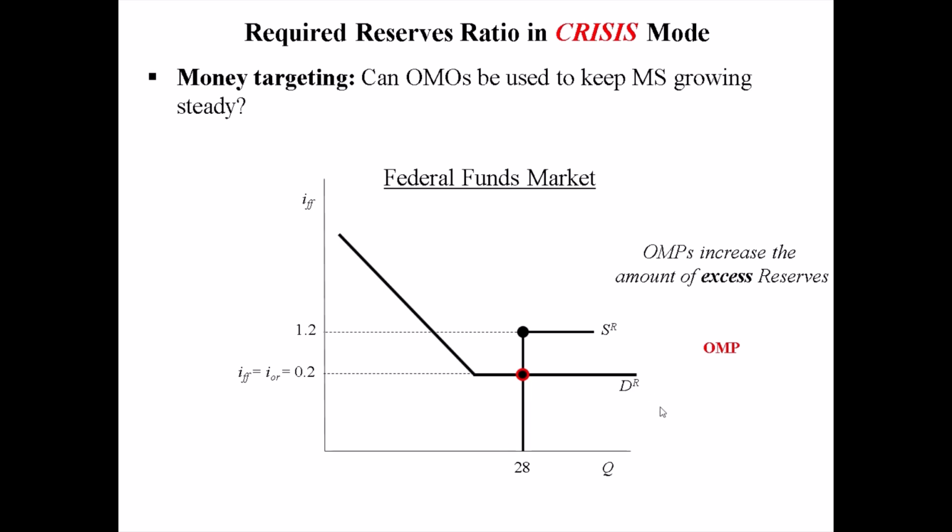Now, if the Fed does an open market purchase here, the quantity of reserves increases. If demand's static, the quantity of excess reserves also increases. So reserves are increasing because excess reserves are increasing.